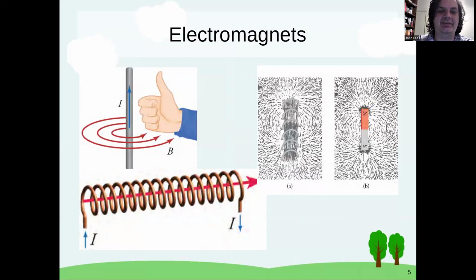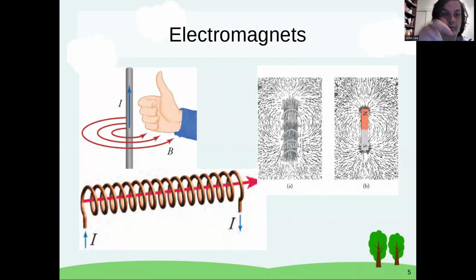An electromagnet is what all magnetic fields actually are. All bar magnets, all ferromagnets, all permanent magnets are actually electromagnets, where electromagnet means that you have a current going through some wire or some material, and the current is going to cause a magnetic field.